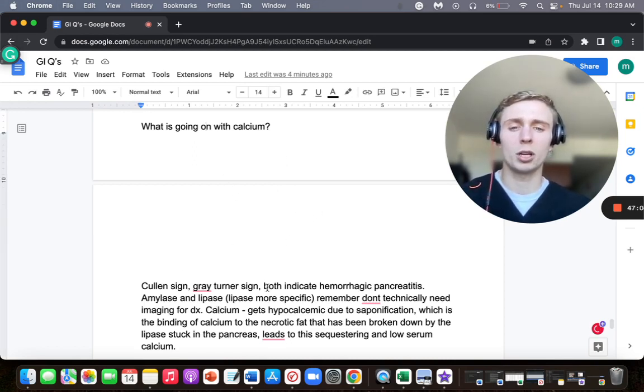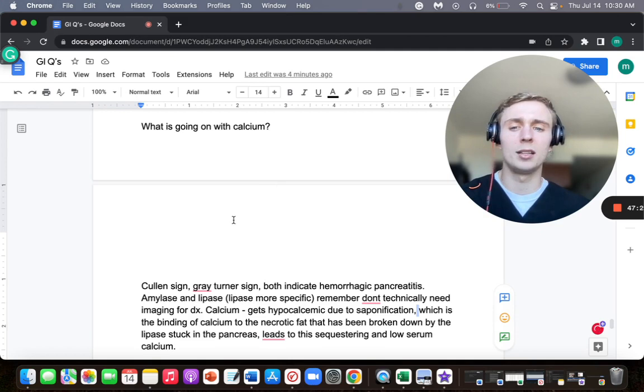And our question, what's going on with calcium? We said hypercalcemia can potentially cause it, but during acute pancreatitis, we can get a hypocalcemia due to saponification. What is that? It's when calcium binds to the necrotic fat that has been broken down by the lipase stuck in the pancreas.